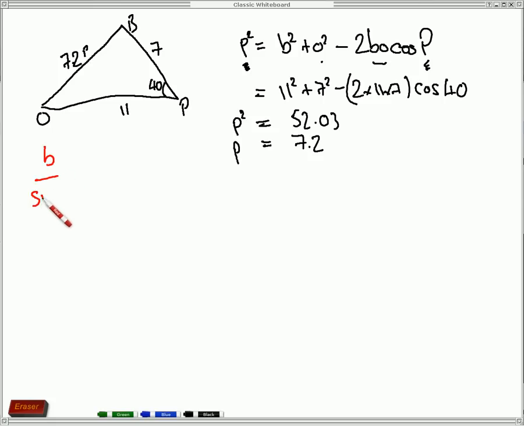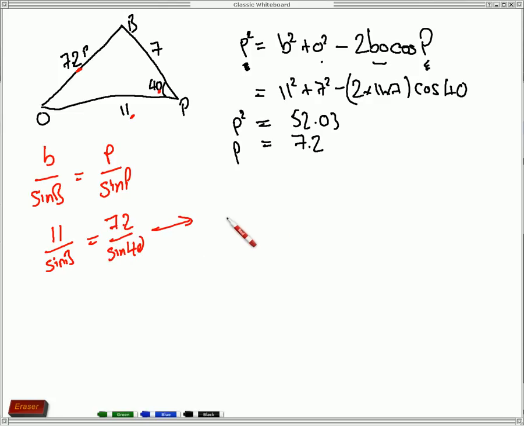And if I use sine over sine b equals p over sine p, because I know both that side and this angle, and I also know this side, so I can use those in the sine law. Put in the numbers. 11 over sine b is equal to 7.2 for sine 40. Cross multiply again to start with.